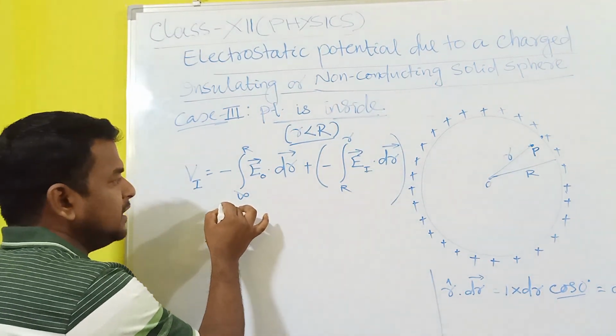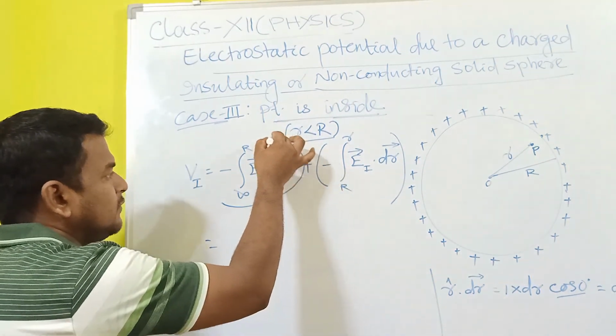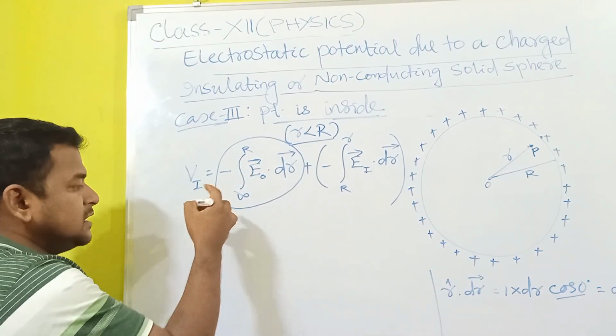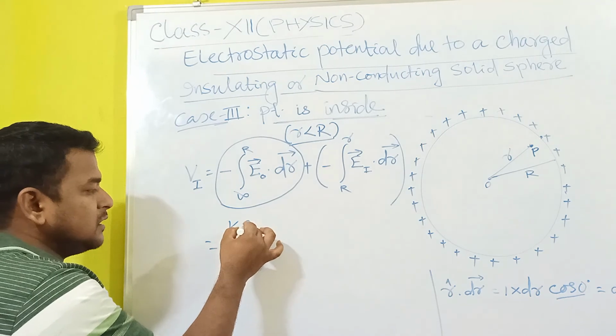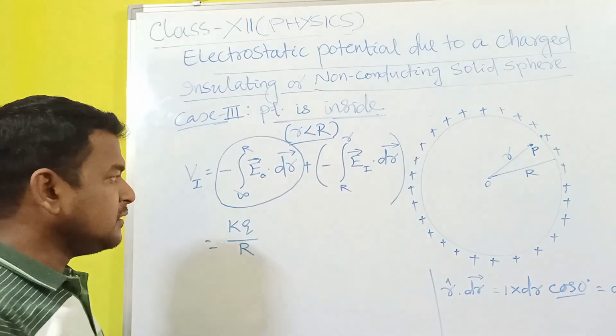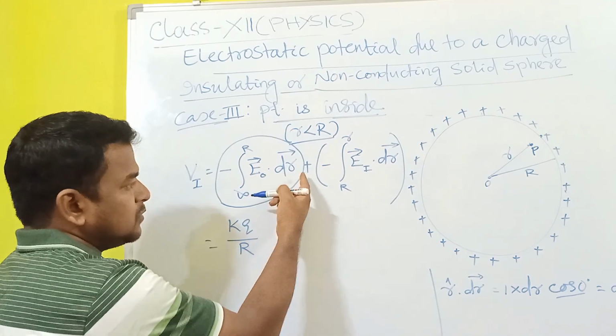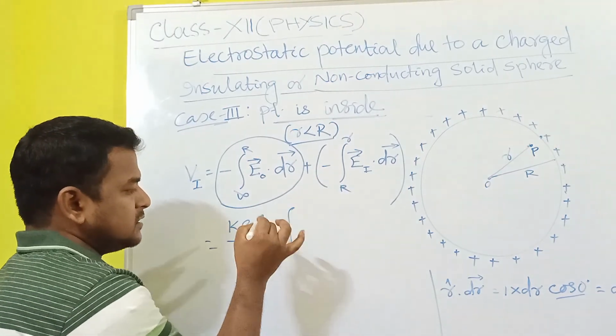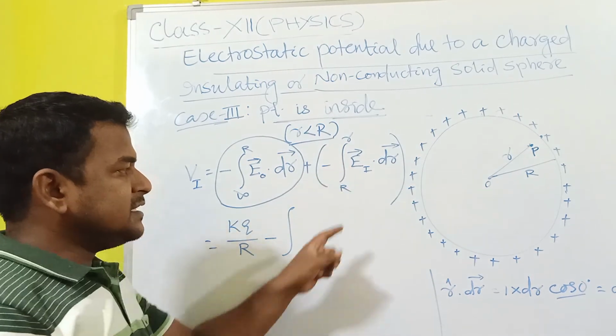Look, this value we have already derived in a previous case. Its value is kq upon capital R. Directly I am writing. Now here plus into minus, so it will be minus integration E inside.